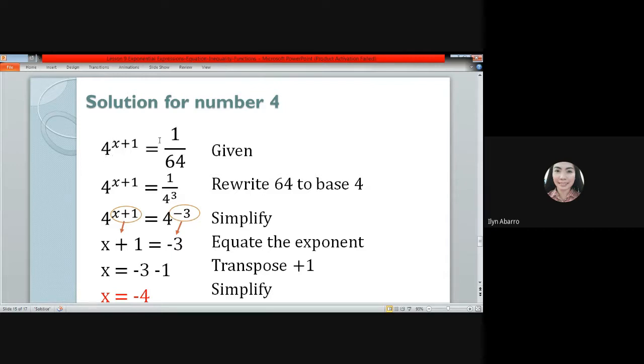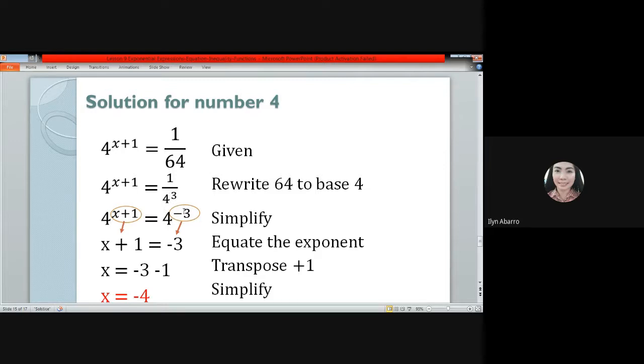So, we're going to make their bases equal. Yung 64, can we write that as in base 4? Okay, yes. So, 64 is 4 raised to 3 or 4 times 4, 16 times 4 is 64. So, therefore, yung 1 over 64 magiging 1 over 4 cubed.